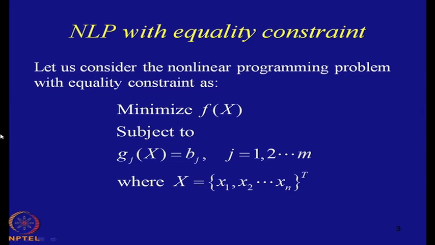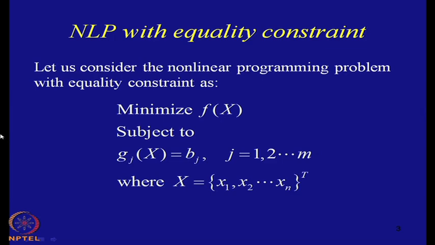Here a general model can be considered: minimization of f(x) subject to g_j(x) = b_j, where m number of constraints are there, all of equality type, and it involves n number of decision variables. This is a nonlinear programming problem because the functions involved, the objective function f(x) and the constraints g_j(x), are all nonlinear in nature.